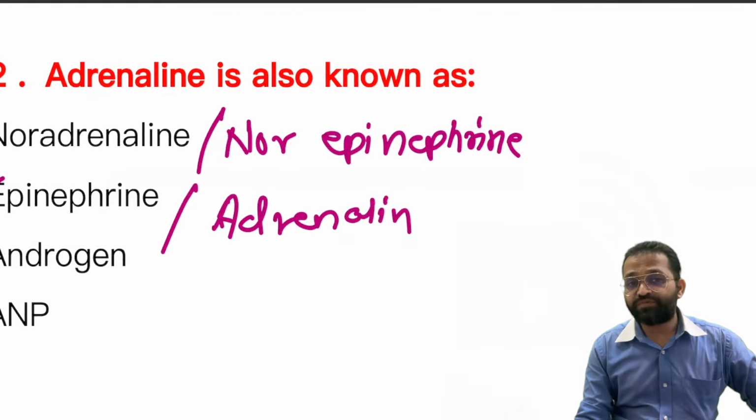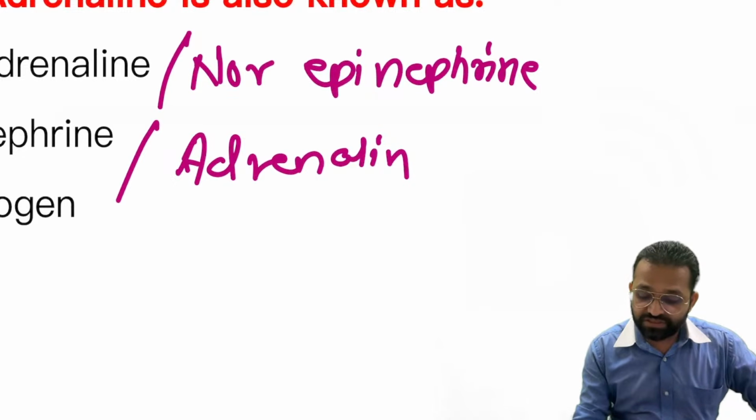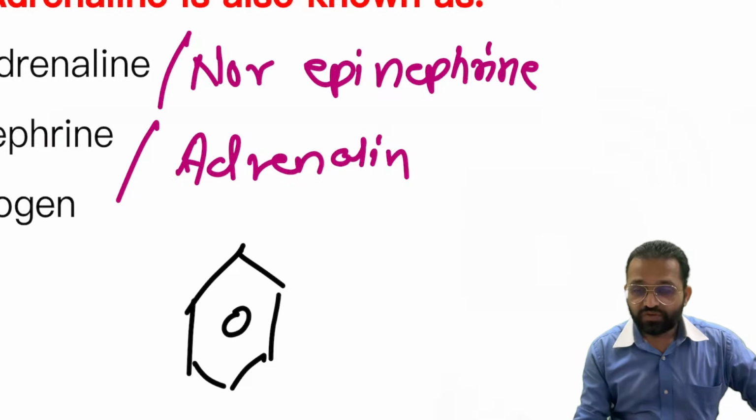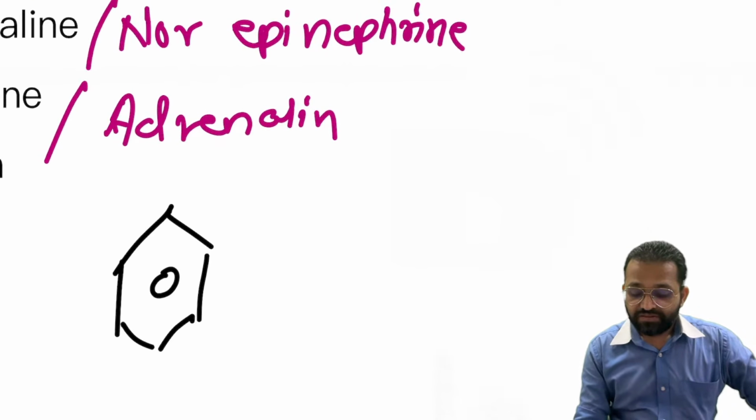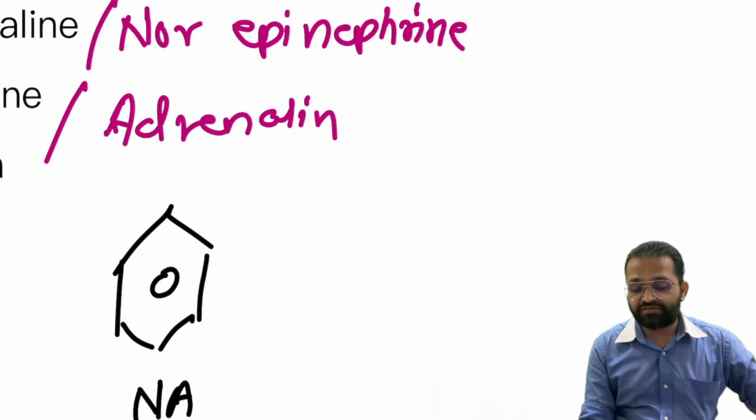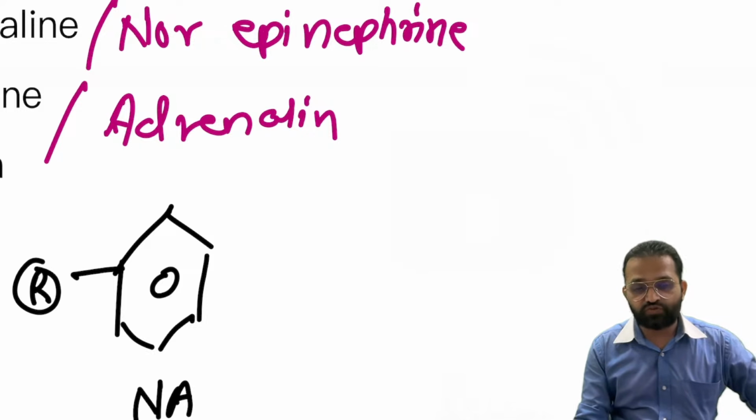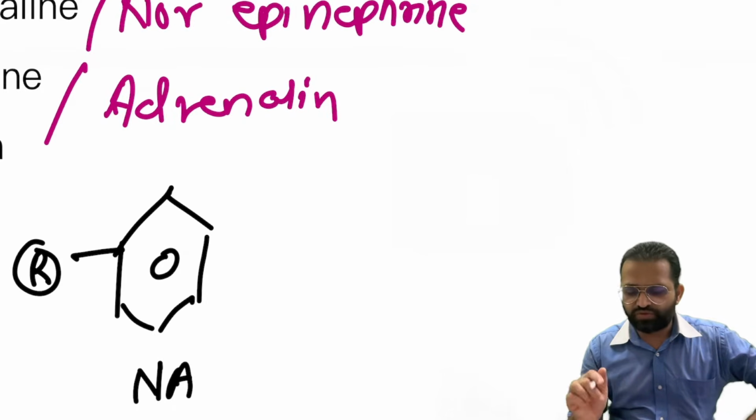Epinephrine is also known as adrenaline. Okay. What is the difference between these? There is a little complicated structure. Just remember, there is one benzene ring. Fine. Suppose this is noradrenaline. There is some kind of functional group. We don't know the exact structure and no need to remember the exact structure.